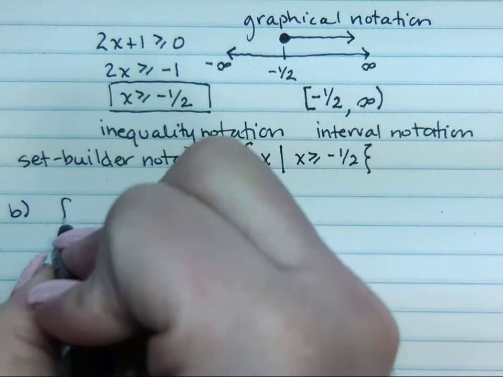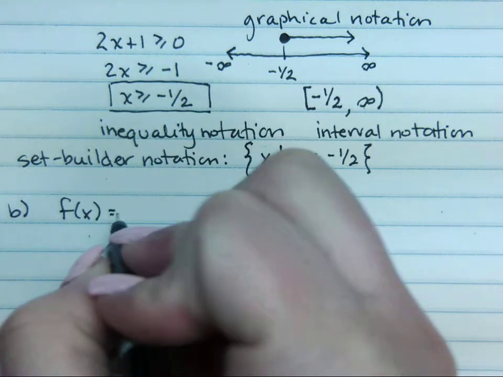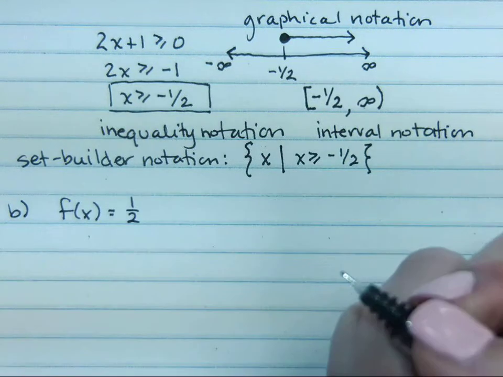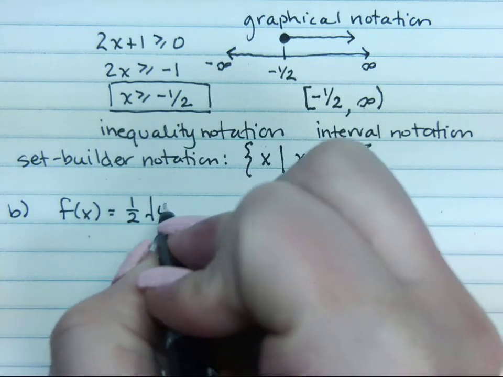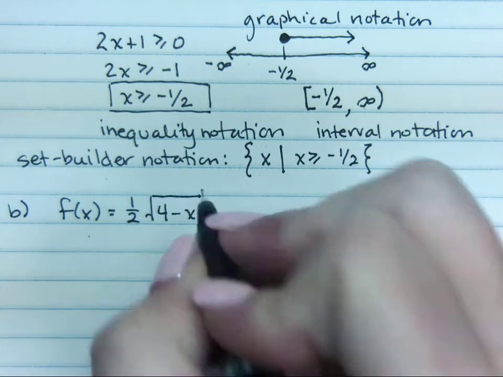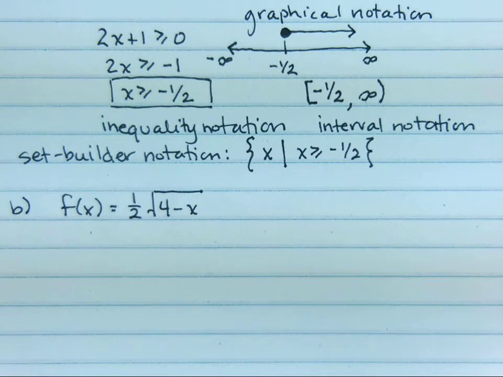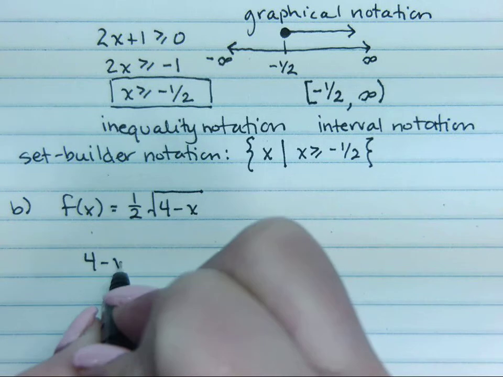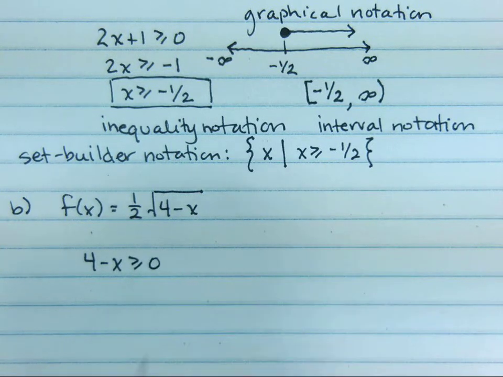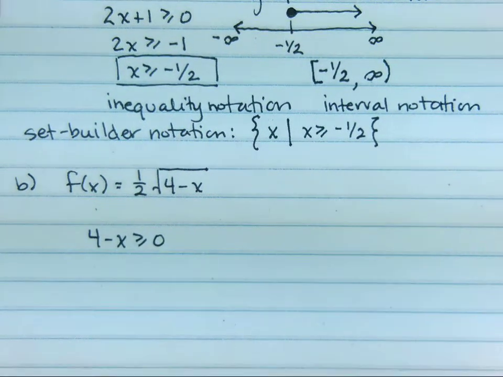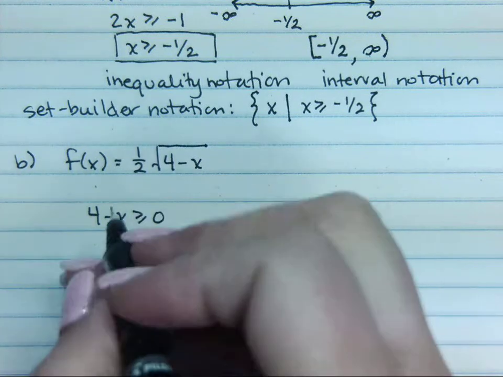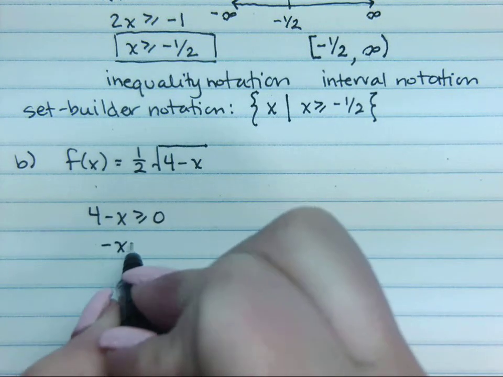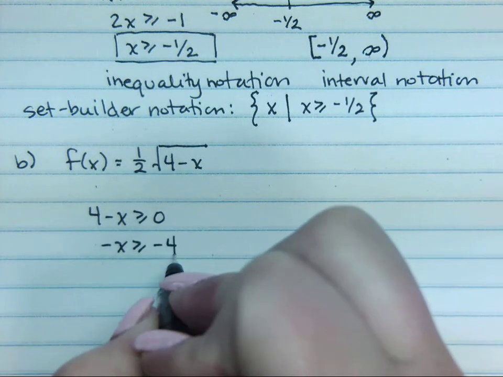Say we have the function f of x, and I put a 1/2 in front of my radical and just say the square root of 4 minus x. Again, your procedure is going to be to start with the radicand and make sure that that is greater than or equal to 0, and then start solving. So I'm going to move my 4 over, which is going to make it negative.